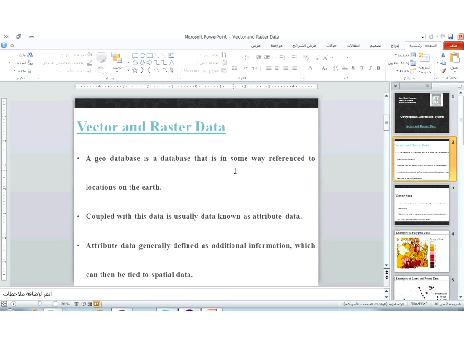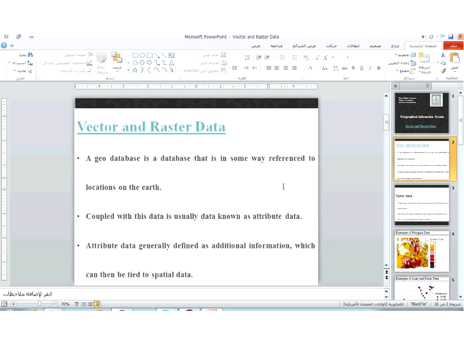This means the location on the earth or the map of the earth, which represents two types of information: arc, which represents graphics, and information that represents the information of this graph, coupled with the data, usually known as attribute data. We mean by attribute data the data which can be tabulated or stored in a database. Attribute data is generally defined as additional information which can then be tied to spatial data.